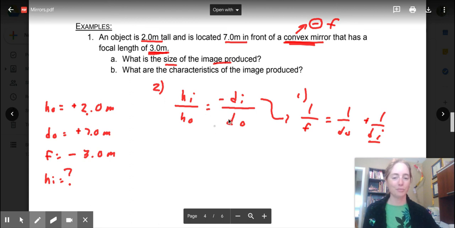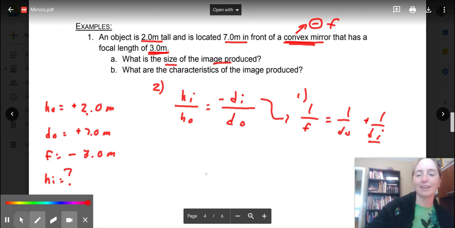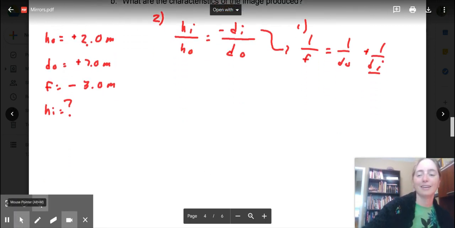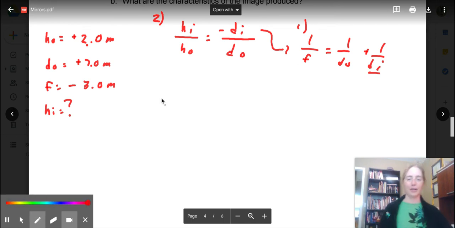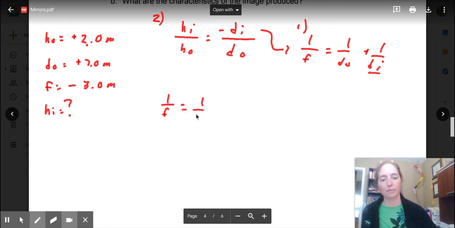Step 2, plug it in that equation, solve for HI. There we go. So the first thing I'm going to do is rearrange this guy. 1 over DO plus 1 over DI.